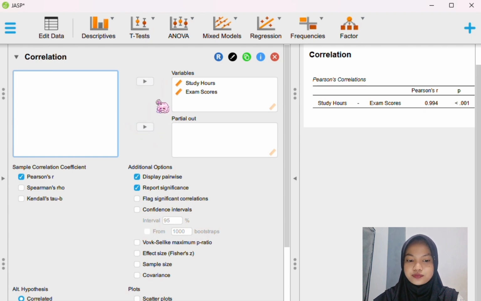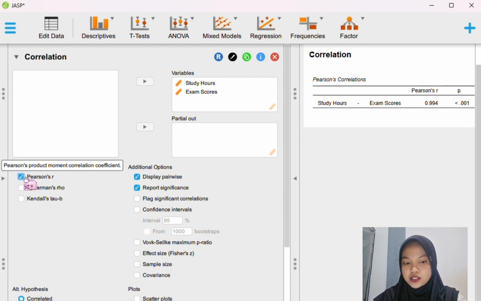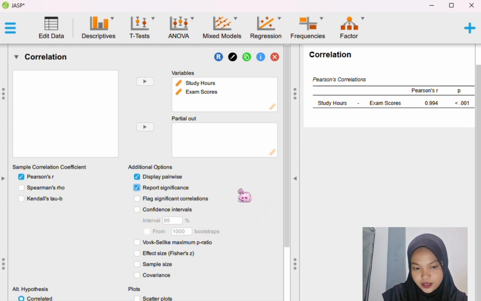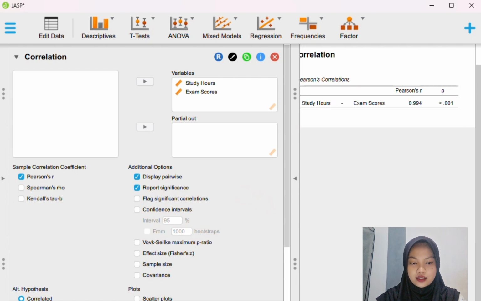Okay, like this. Then I select Pearson correlation, and also the p-value, report significance. Okay, after that, JASP automatically displays the result. Here's the result.